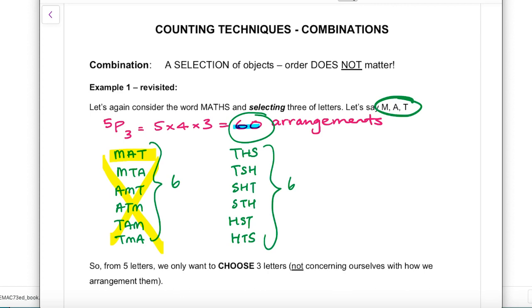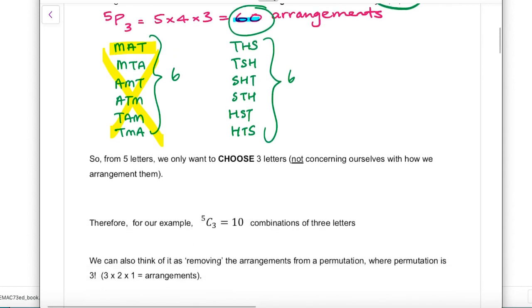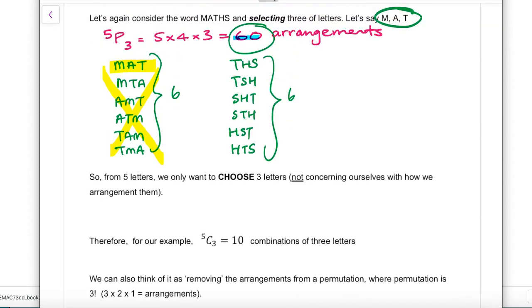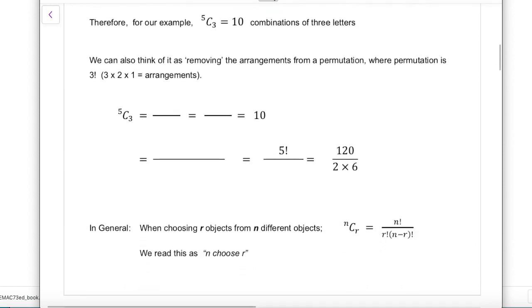So when we choose 3 letters from 5 letters, we only actually end up with 10 combinations because we're not worried about, as we see up here, the 6 ways that we can arrange each of those 3 selections of letters. So when we say I've got 5 objects and I'm going to select or choose 3 objects, there are only 10 ways in which we can do that.